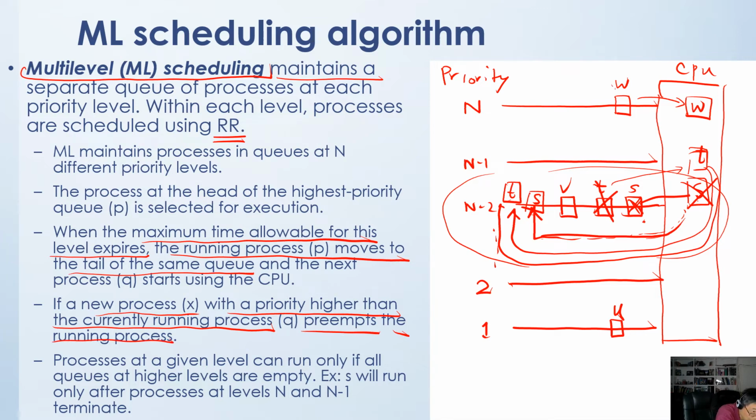So W is going to preempt any process at this level because W is at the priority level n. So it will preempt any process at the level n-2. Actually, it will preempt any process running below priority level n. Okay, so that's the ML scheduling algorithm.